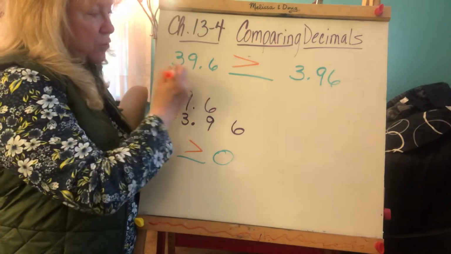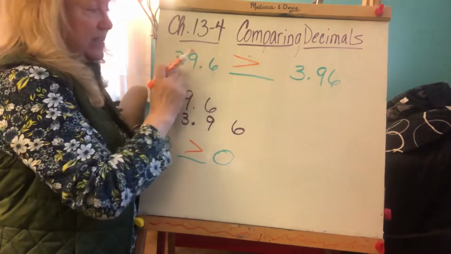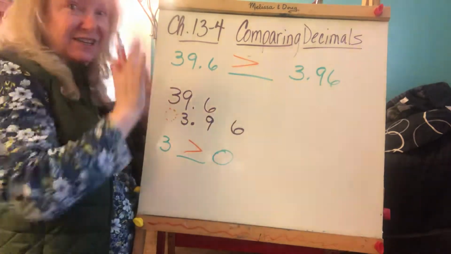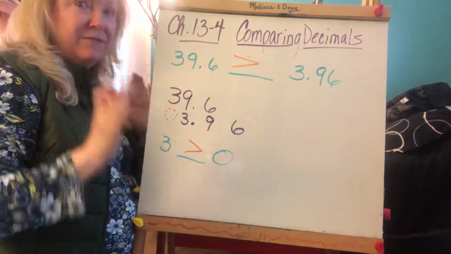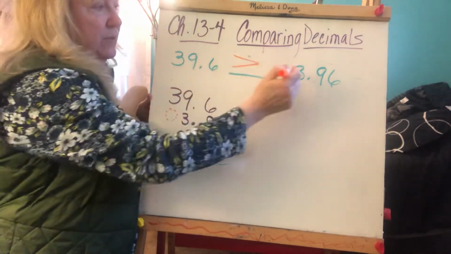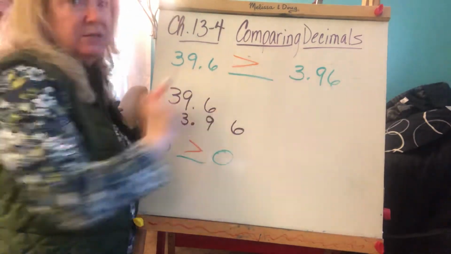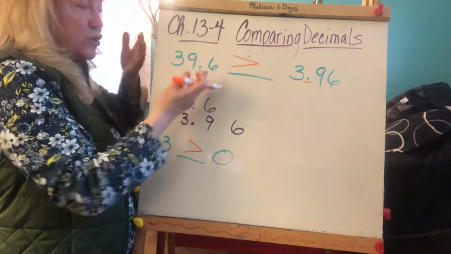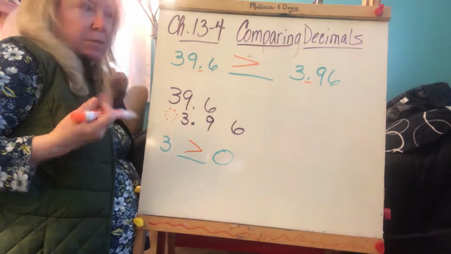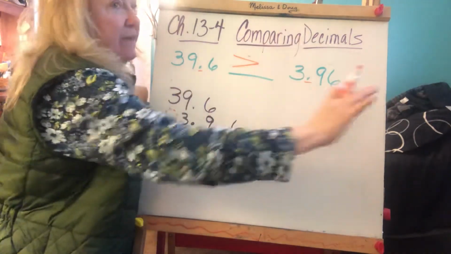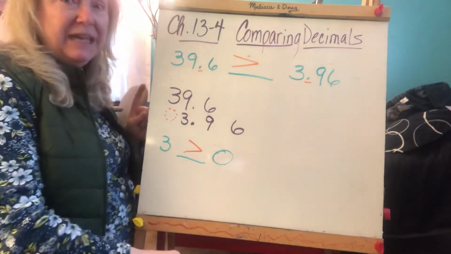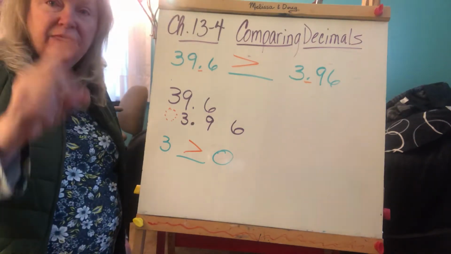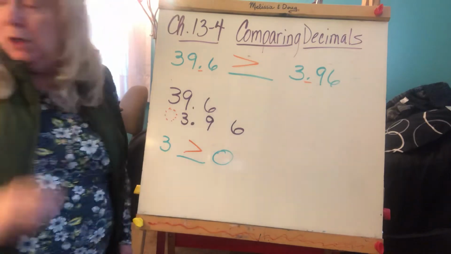So just because they both have 3 digits and they have the same 3 numbers, they're just playing with the decimal point there. So you have to be careful. 396, 396, but look at where the decimal points are. Here and here. This has 2 places before the decimal point. This has 2 places after the decimal point. So you have to be careful. When you're comparing money, there will never be 3 decimal places. There will only be 2.